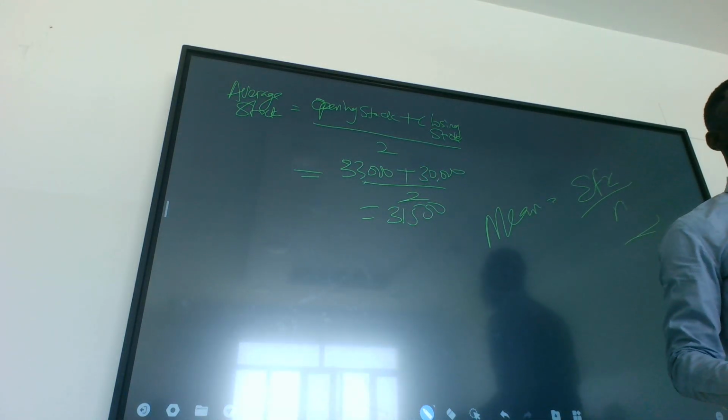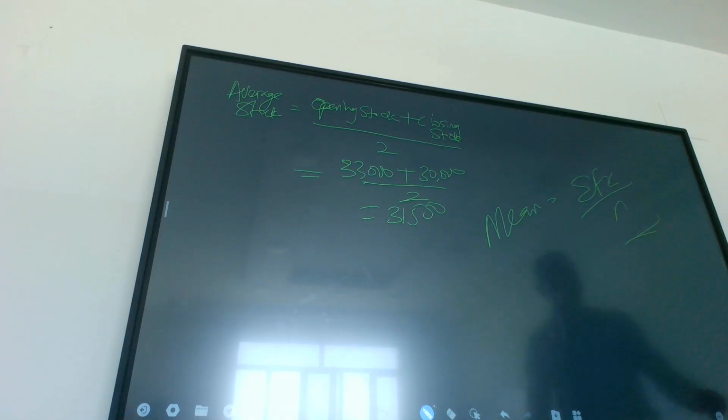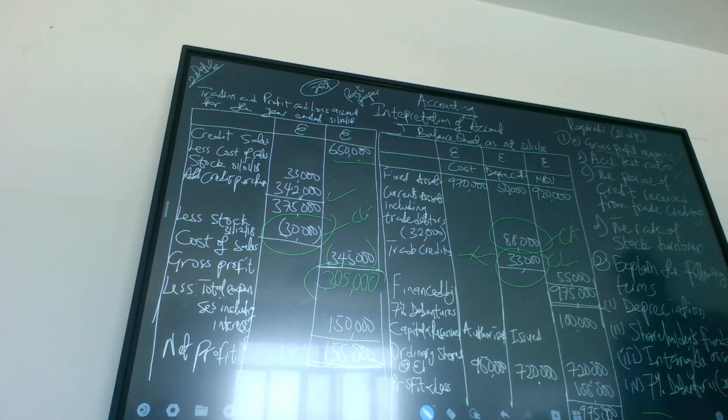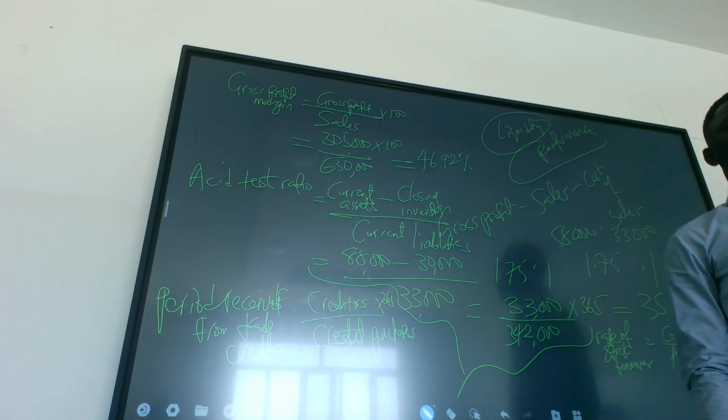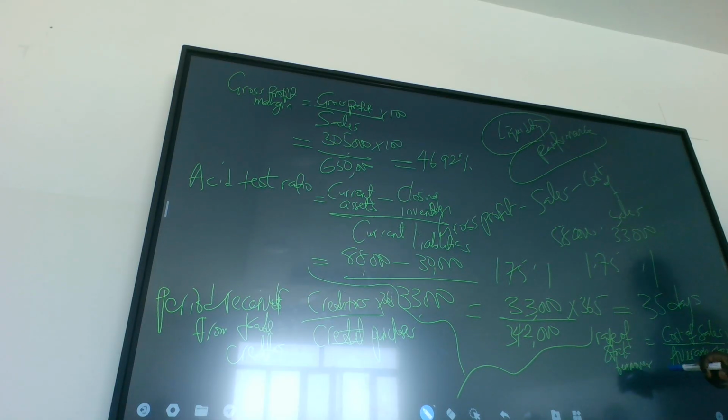Can you go back to the slide? Yes, this one. Rate of stock turnover is cost of sales divided by average stock.